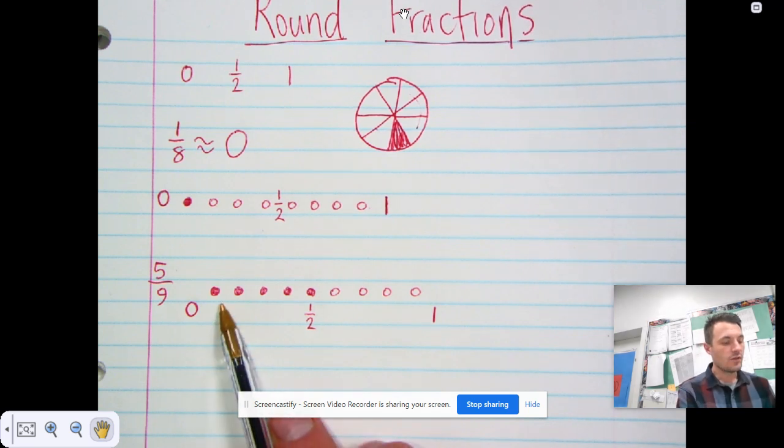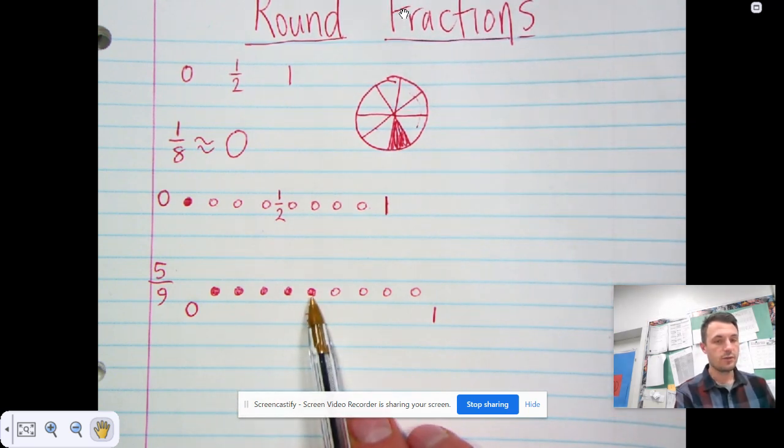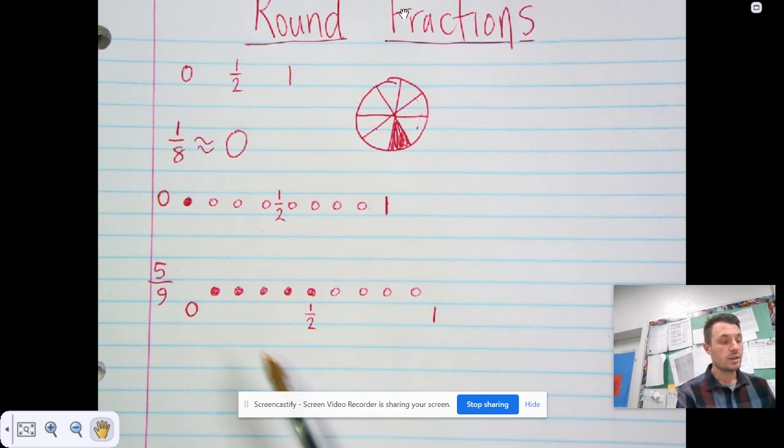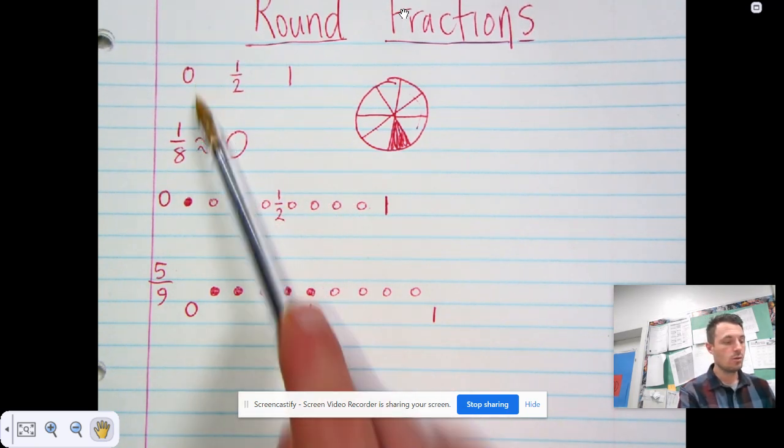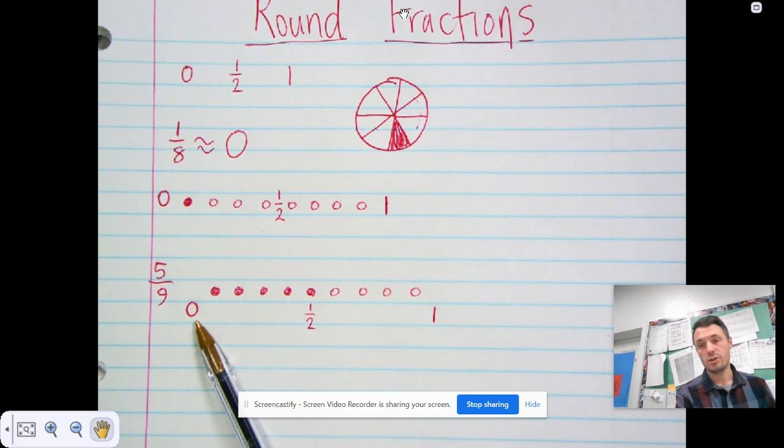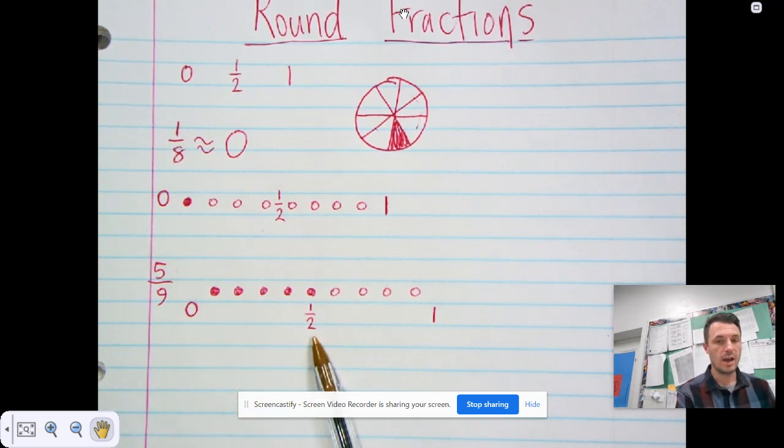Actually, I'm going to start that over. Is 5/9 closer to 0? Is it closer to 1/2? Or is it closer to 1? And you can see it's much closer to 1/2, isn't it?